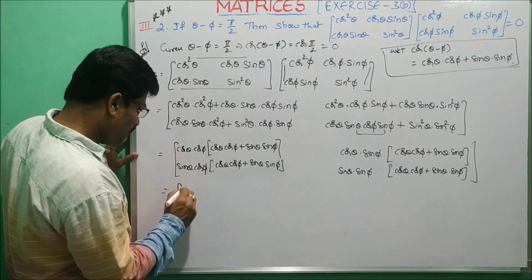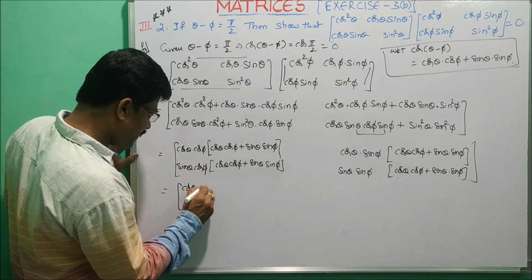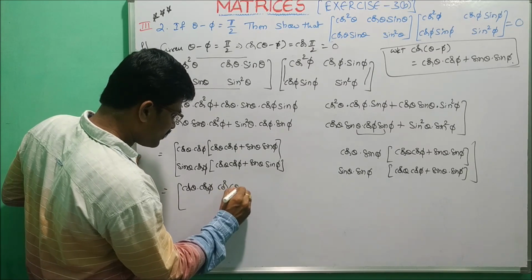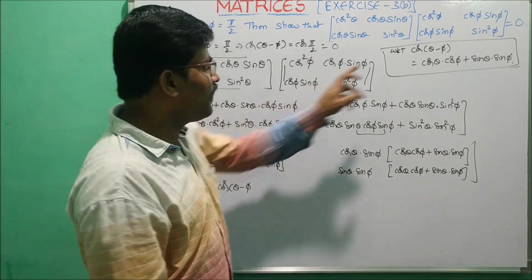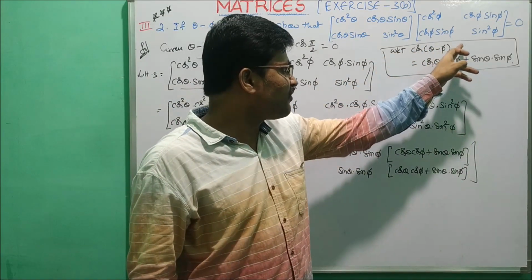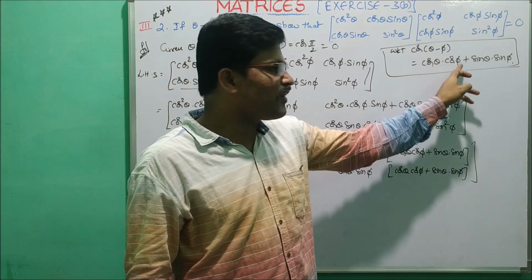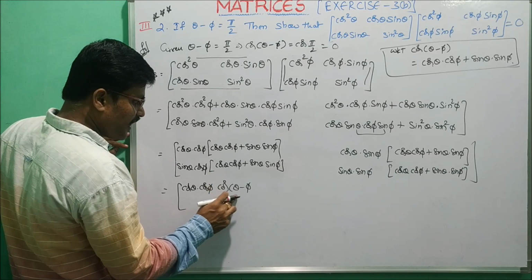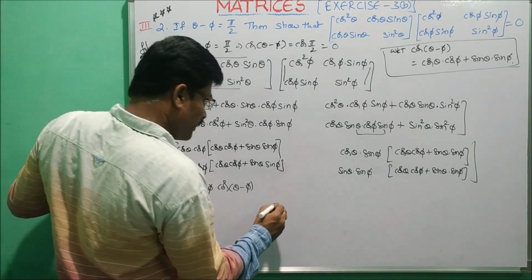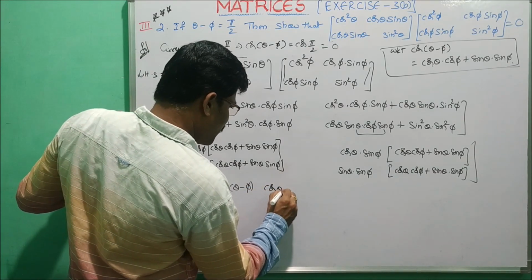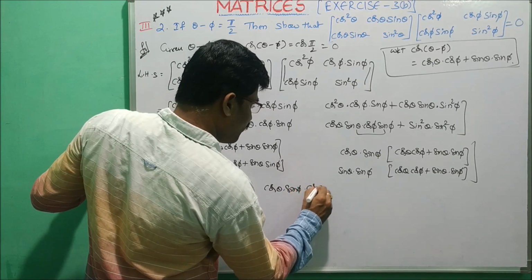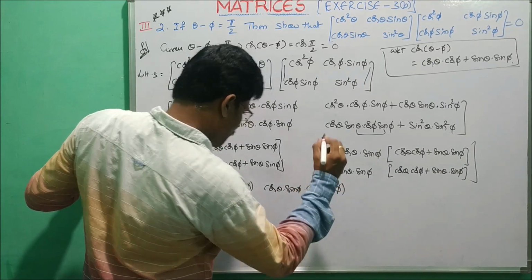Here we write cos theta into cos phi. This is the form of cos theta minus phi. Already discussed, cos theta minus phi is written as cos theta cos phi plus sin theta sin phi. Now here we have to use the same formula. We write cos theta minus phi. So in that, cos theta sin phi into cos of theta minus phi.